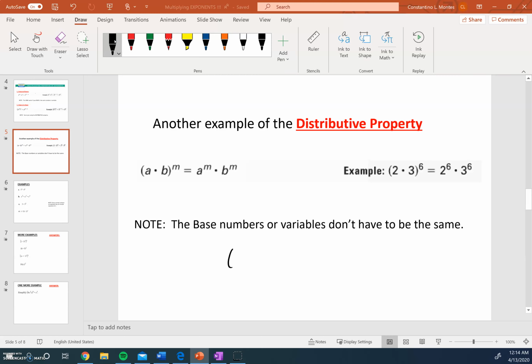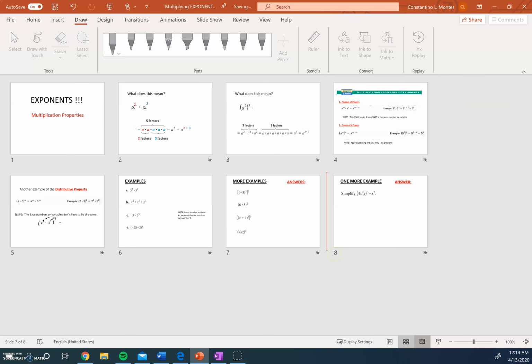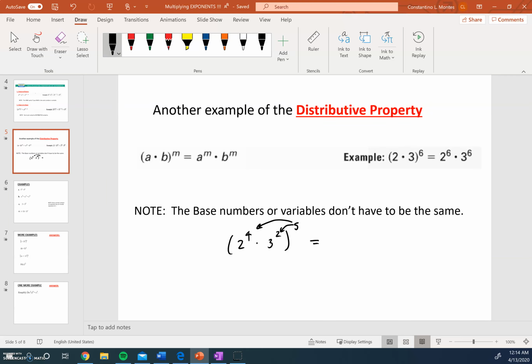If I had 2 to the power of 4 times 3 to the power of 2, and I raise that to the power of 5, this distributive property for exponents allows me to multiply the 5 by the 4 and the 2 to get 2 to the power of 20, which is 4 times 5, times 3 to the power of 10, which is 2 times 5. So I can rewrite it like that.